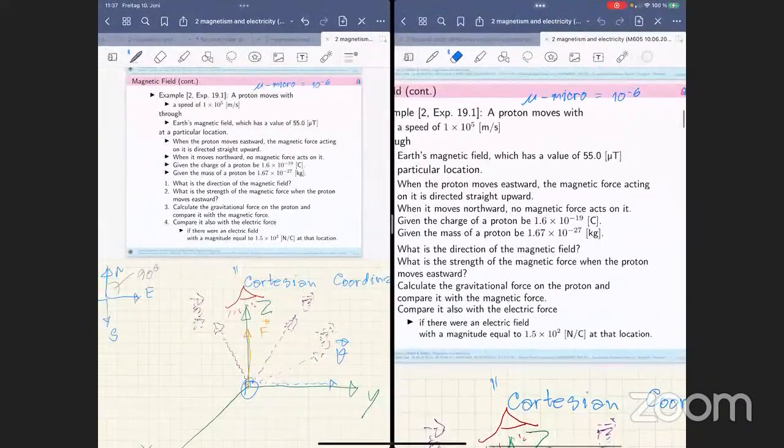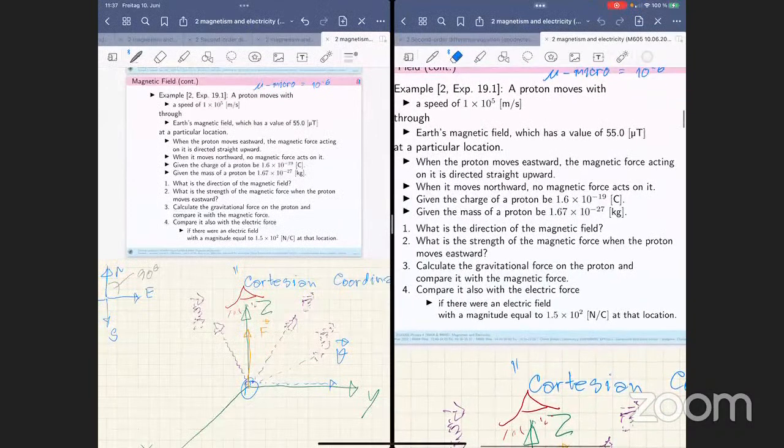The next question is to compare it also with the electric force. If there were an electric field with a magnitude equal to 1.5 times 10 to the 2 Newton per Coulomb at that location.